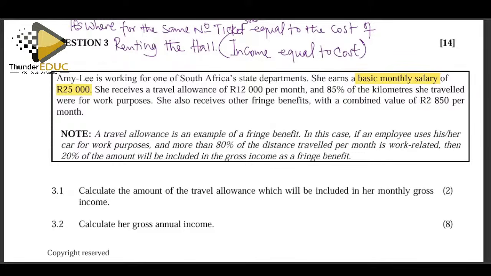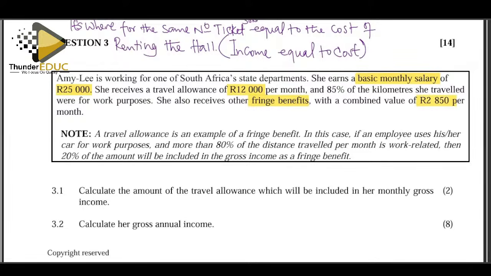And then she receives a travel allowance of 12,000 per month. 85% of the kilometers she traveled were for work purposes. She also receives other fringe benefits. These are added benefits from the department with a combined value of 2,850. Okay, we put that aside.